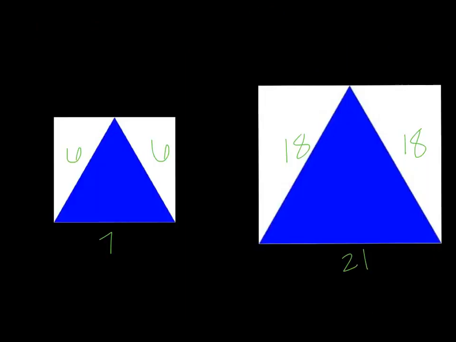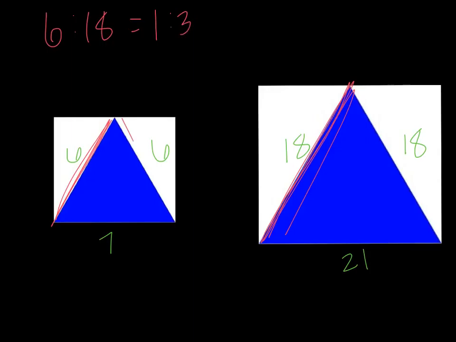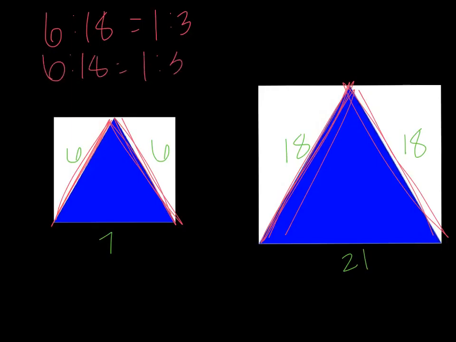We can also look at proportional relationships when looking at different diagrams or shapes. If we look at the ratios of these sides, this side matches up with this side of this triangle. So that's 6 to 18, and that reduces to 1 to 3. These two sides are the same, so again 6 to 18 reduces to 1 to 3.